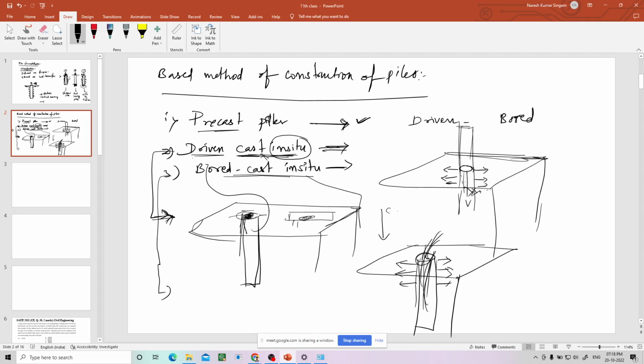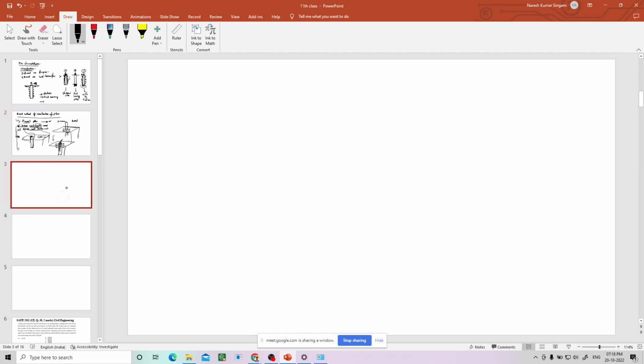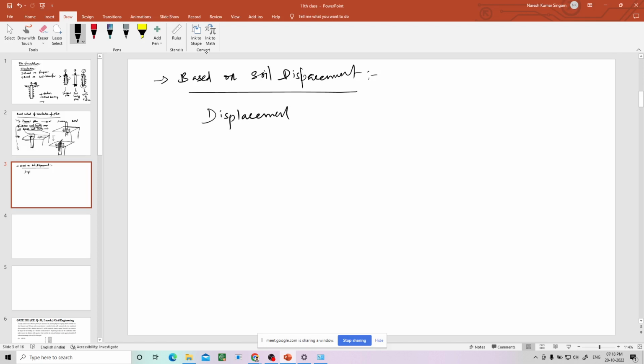So this classification is based on method of construction, and the other one is based on soil displacement. It is nothing but displacement piles and non-displacement piles.